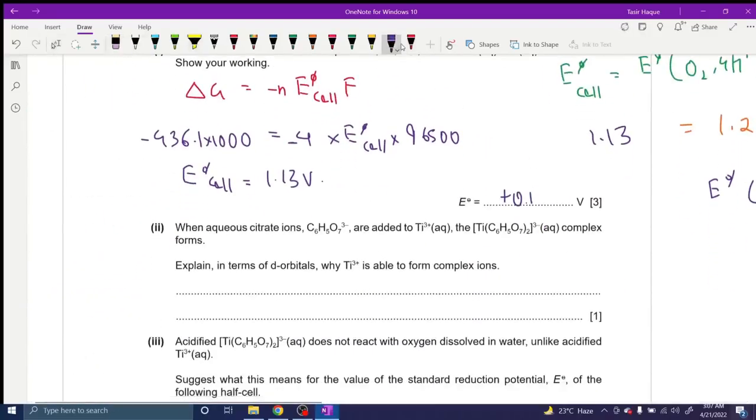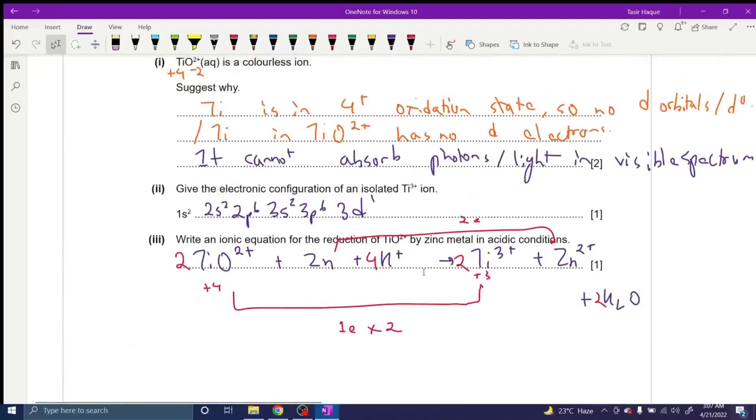Next, when aqueous saturated ions are added to titanium, this complex is formed. Explain in terms of d orbitals why is this able to form complex ions. Okay, think about it. So titanium 3 plus does have an electron in the d orbital, because look at the configuration, it was 3d1.